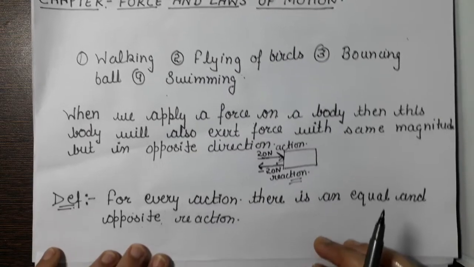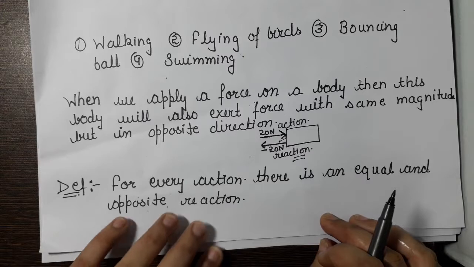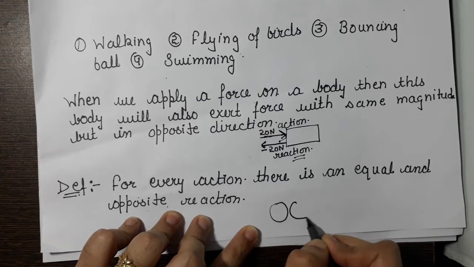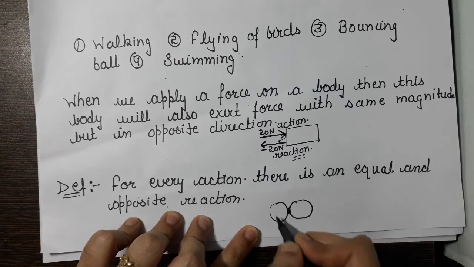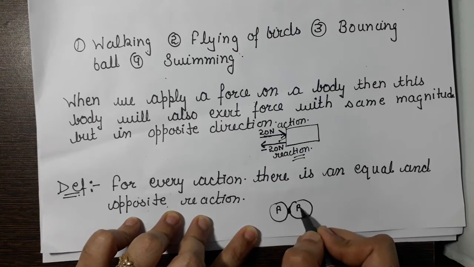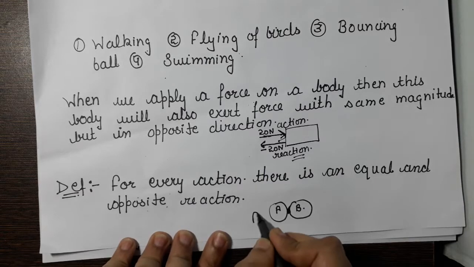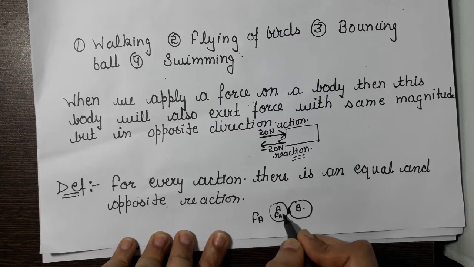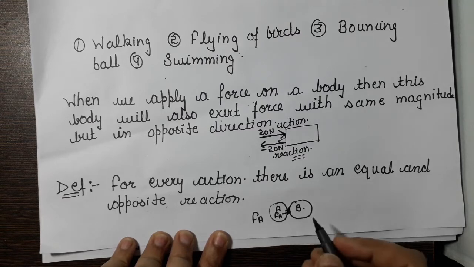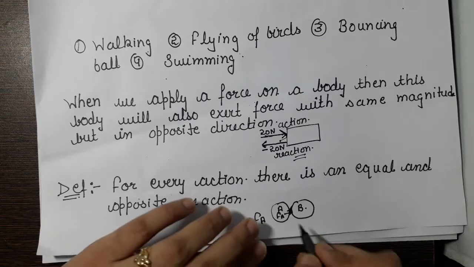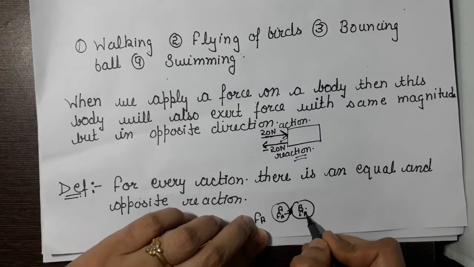Let us demonstrate this with one more example. Let we have two bodies, body A and body B. Let body A apply force Fa on body B, and the force applied by body B on body A is Fb.